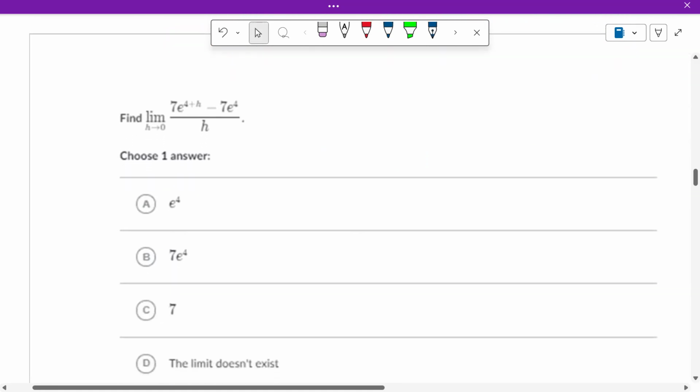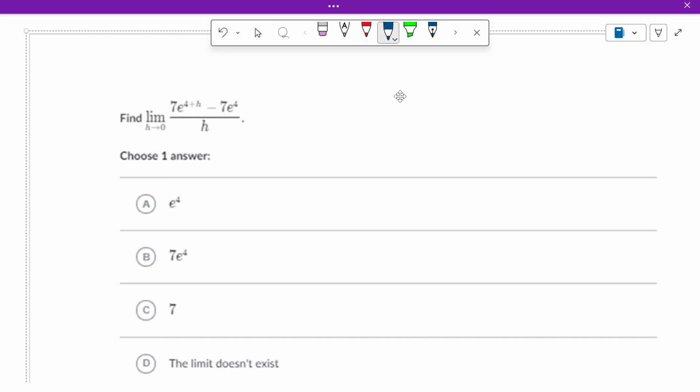Okay, this is the disguised derivative thing. So 7e to the 4 plus h is 7e to the x. You replace this with an x. You take the derivative of this, because this is f of x.